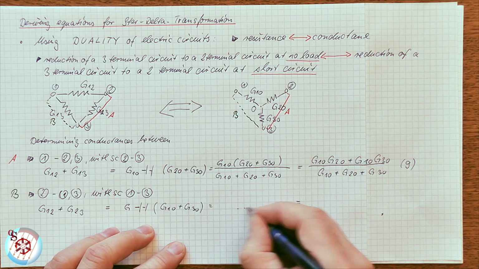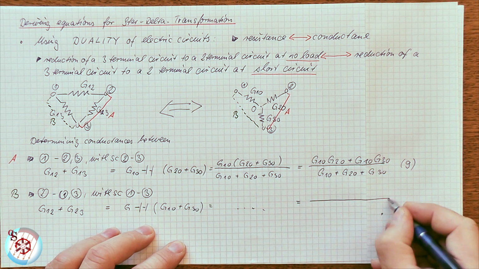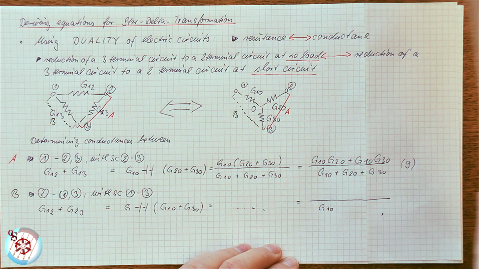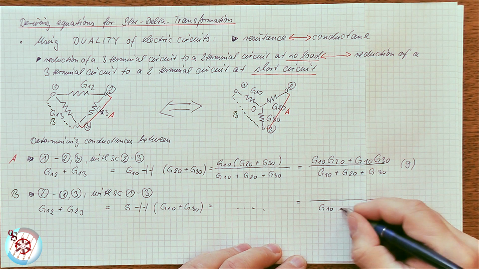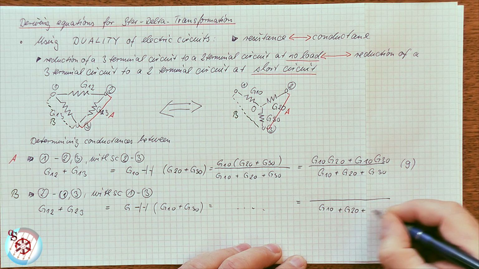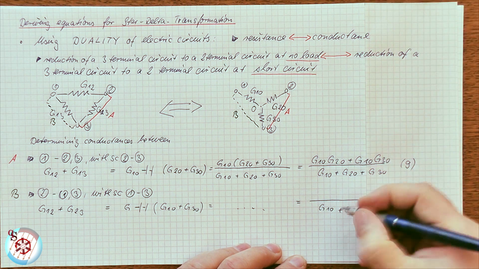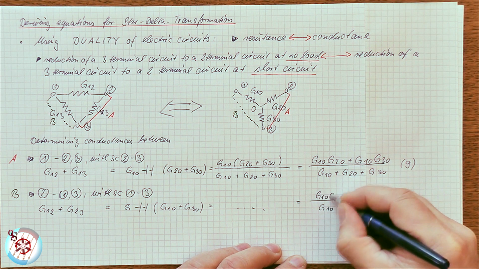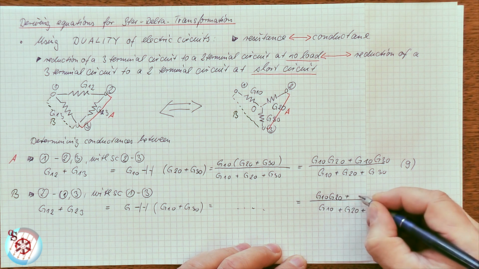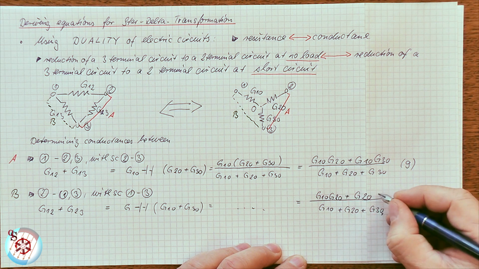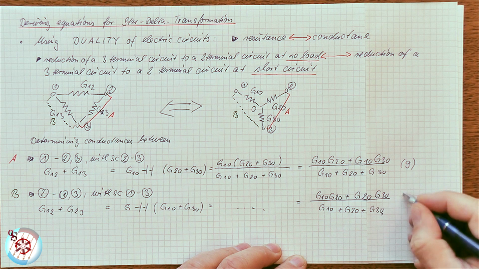And if we put it all together, again we have the same denominator, it's G10 plus G20 plus G30, and the numerator is G10, G20 plus G20, G30. And that's equation 10.